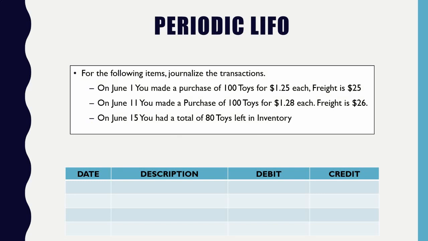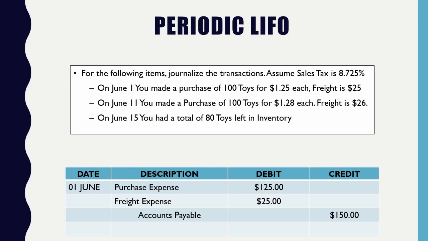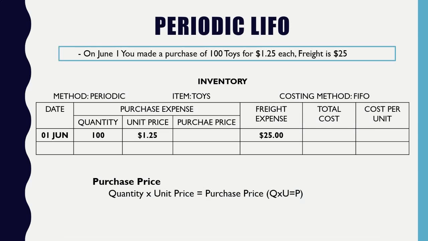This example says that on June 1st we made a purchase of 100 toys for $1.25 and the freight was $25. So again, purchase expense, freight expense, and accounts payable is going to get us to $150. Then we're going to plug it into our inventory worksheet, where we need to solve for those 5 components once again.